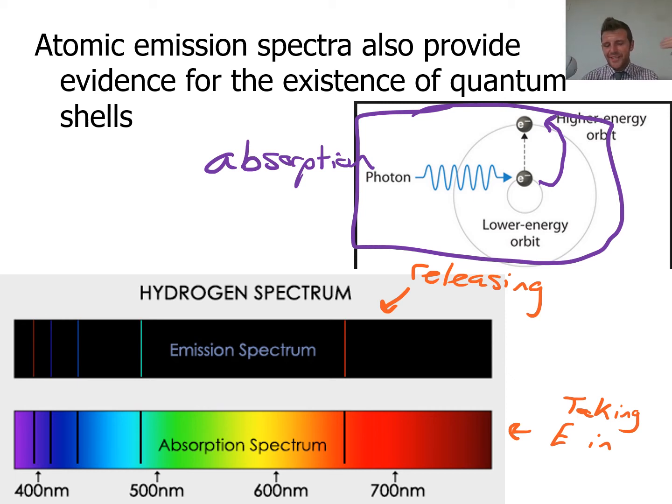There are specific lines that are discrete in their quantum. In other words, it takes very specific amount of energy to make these jumps.